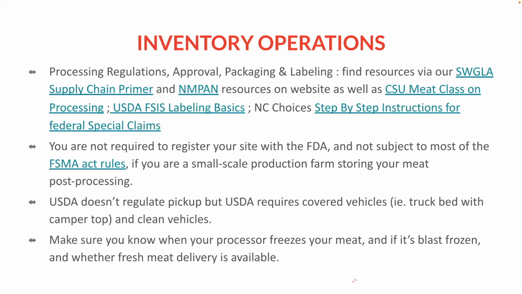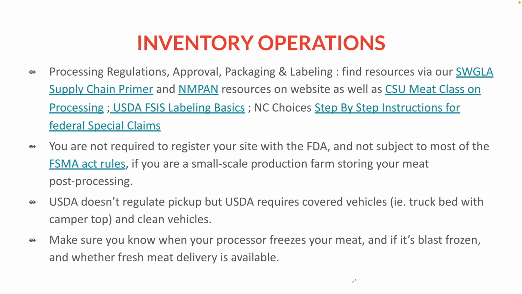And ideally, you also know when your processor is freezing your meat and whether it's blast frozen, so if it's dropping the temp really quickly in a small amount of time. And also just inquire about whether fresh meat delivery is available at the time of actual processing.